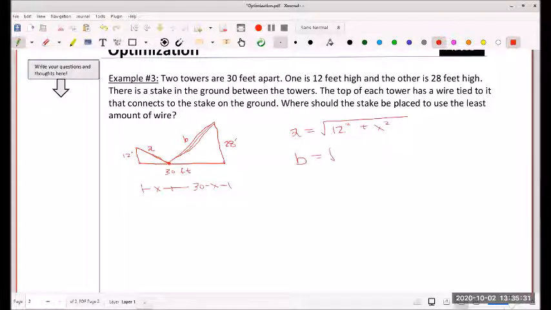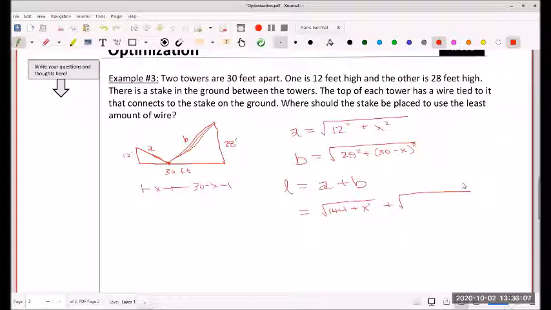And B is going to be the square root of 28 squared plus 30 minus x squared. All right, and so I want to minimize the amount of wire, and so the length of the wire, I'll say L, is going to be equal to, of course, A plus B, which is going to equal the square root of 144 plus x squared, plus 28 squared is 784.